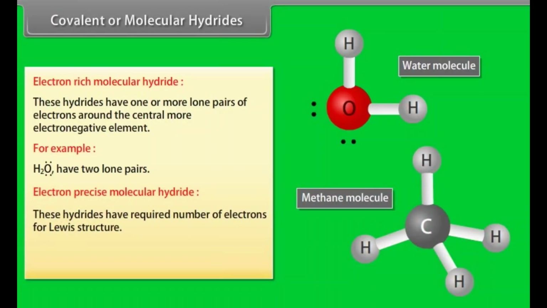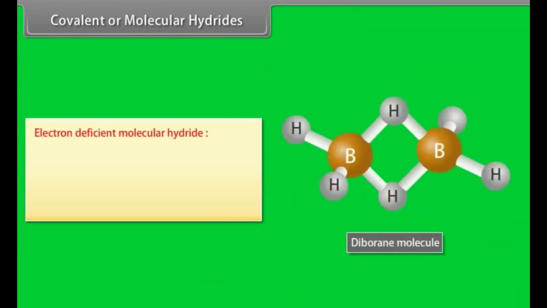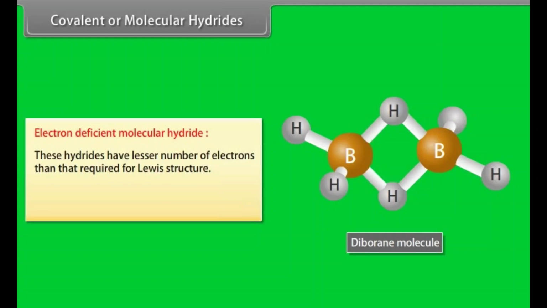These hydrides have the required number of electrons for Lewis structure. A common example of electron-precise molecular hydride is methane. Electron-deficient molecular hydrides. These hydrides have a lesser number of electrons than that required for Lewis structure. A common example of such molecular hydride is diborane.